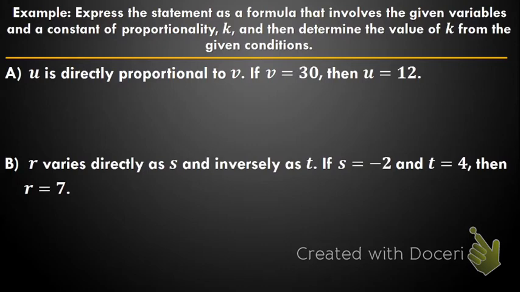It tells me that U is directly proportional to. So U is going to go on a side by itself. So I'm going to have a U equals formula here. After the equal sign, it doesn't matter whether it's directly proportional or inversely proportional. Right after the equal sign is where you're going to see your constant of variation, k.